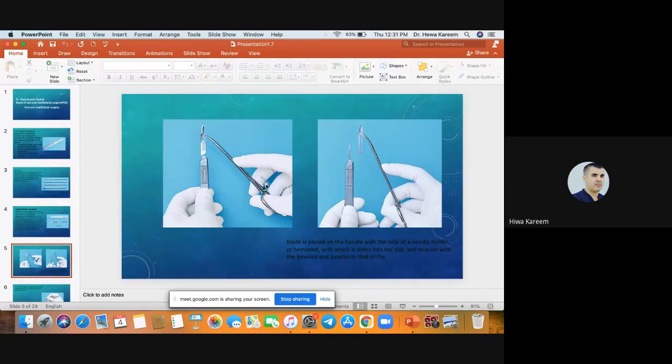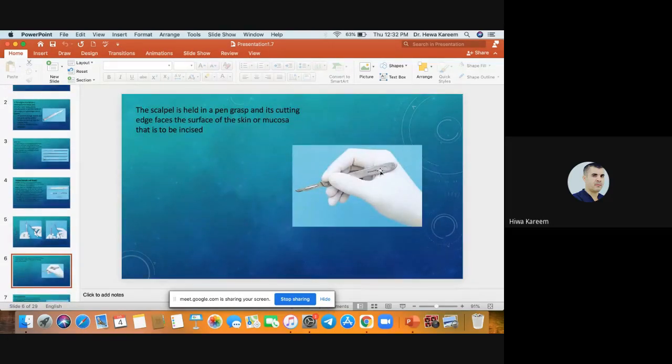The correct way is by mosquito or needle holder, not by hand. If you put the blade on the holder by hand, this is wrong; sometimes you injure your hand. Also remove the blade from the holder by mosquito or needle holder.